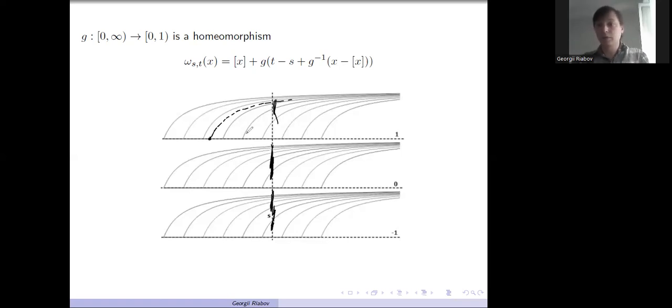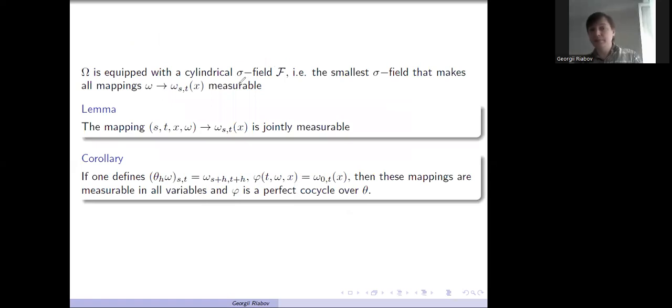And also every trajectory, in fact, starts from the fresh point. We can equip the space omega with a cylindrical sigma field, which means that it is the smallest sigma field under which all such mappings are measurable.